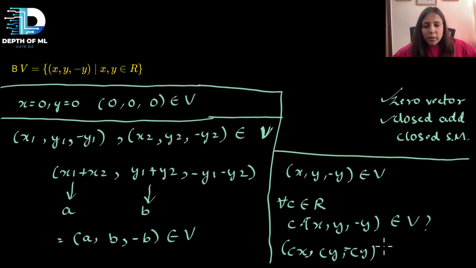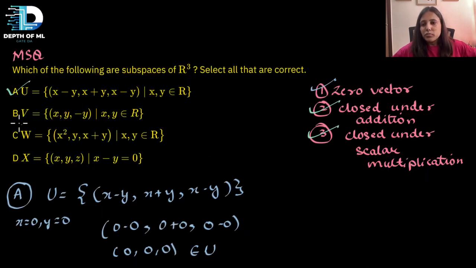Now you can again assume that cx is equal to a, this is b, then this will become minus b. So this is of the form that is given to us, hence this belongs to V. So this is closed under scalar multiplication also. So this is also correct. So this is also a valid subspace.